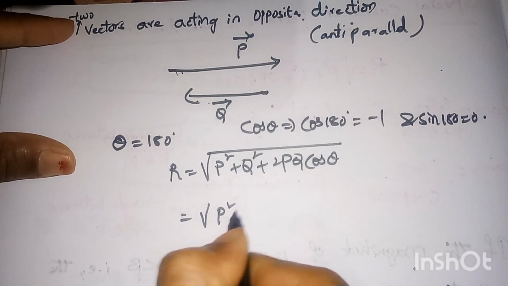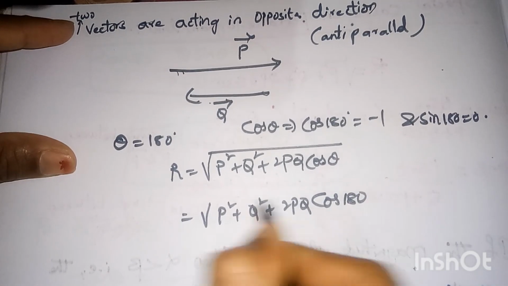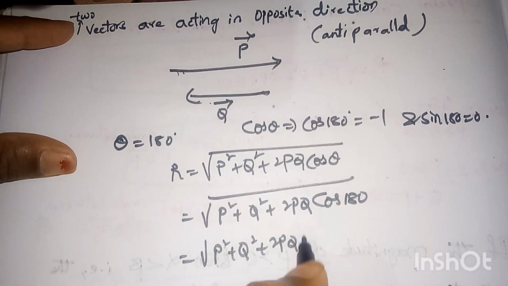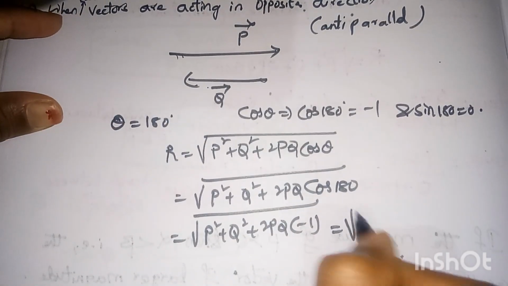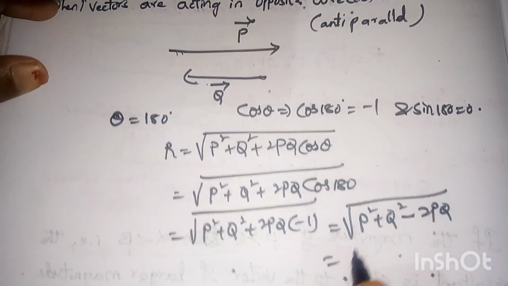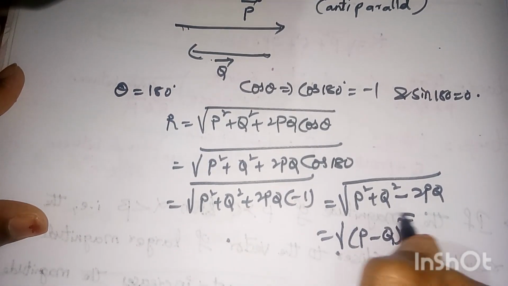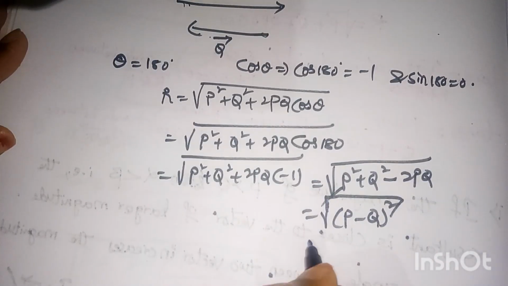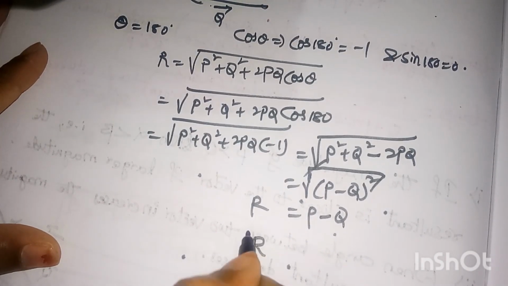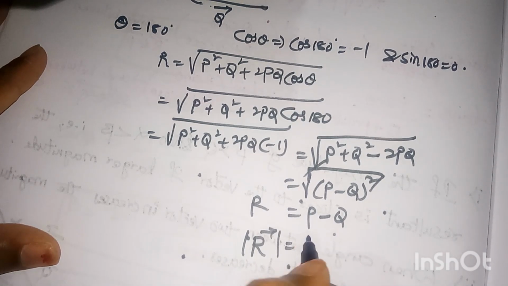So under root p square plus q square plus 2pq cos 180, where cos 180 is minus 1. So this can be written as p square plus q square minus 2pq. So what will be the formula here? p square plus q square minus 2pq is under root (p minus q) whole square. So the square root will be cancelled. So r equals p minus q. So the magnitude of the resultant will be equal to the difference of the magnitudes of the two vectors.